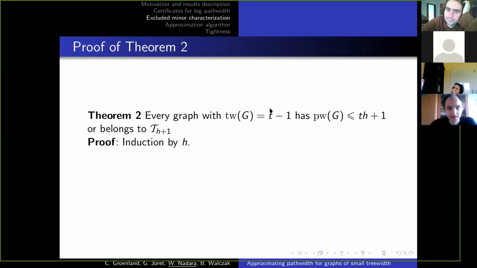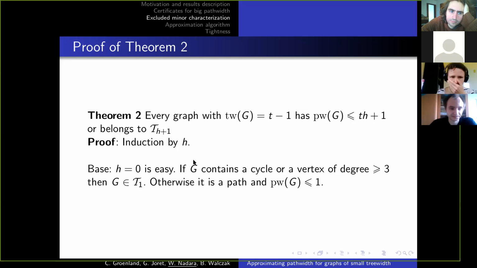Okay, so now we are ready to prove our theorem. We'll do this by induction on h. We'll start with the base case, which is h equals 0. In that case, if G contains a cycle or a vertex of degree at least 3, then G belongs to T1.